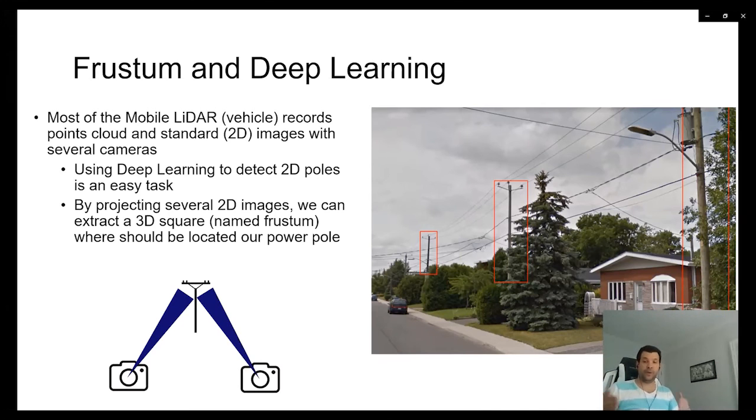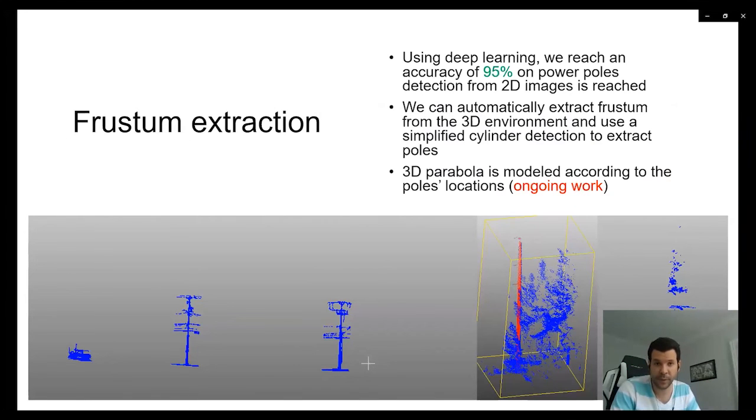And now, because you have detected your pole, you expect that in that cube, in that 3D area, in that frustum, there's a pole. And that's what we did. We've been able to extract frustums, meaning a cube in a 3D environment, with the help of our 2D deep learning algorithm.